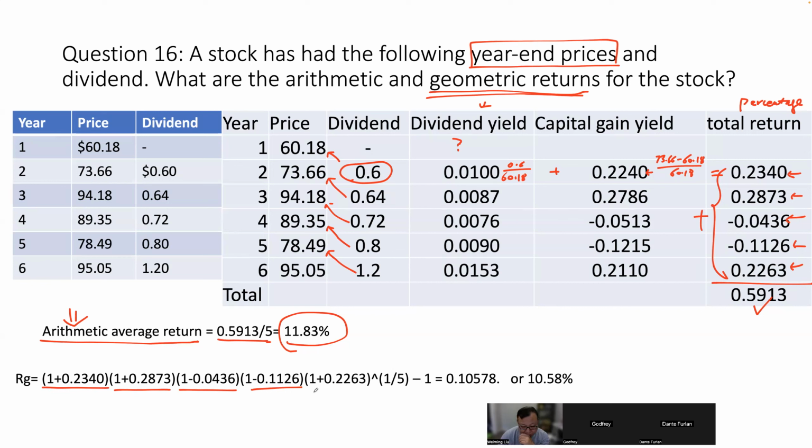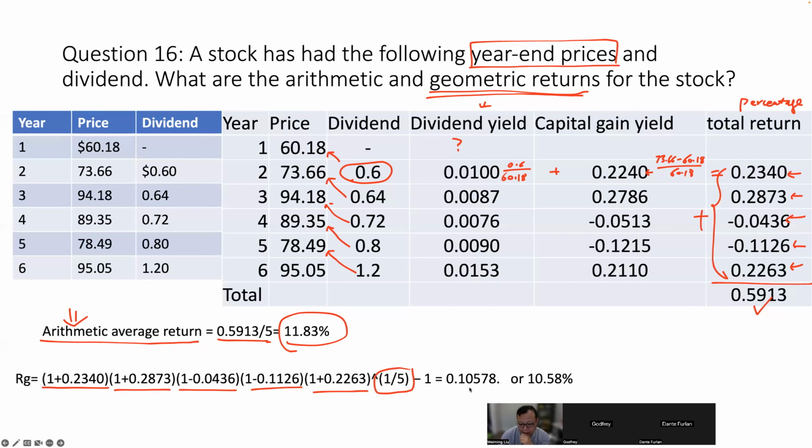And the last one is 1 plus. So you use the multiplication, and then you take the root, to the power of 1/5, and then you minus 1. So you get 10.58%.